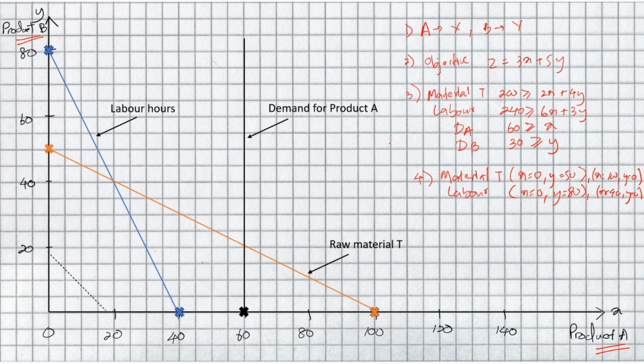The y-axis represents the number of units of product B. So mark the 30 on the y-axis, which is this point, and draw a horizontal line. This line represents the demand for product B. And finally, this is the ISO contribution line. This line will be provided in the question. Now we are done drawing the graph.